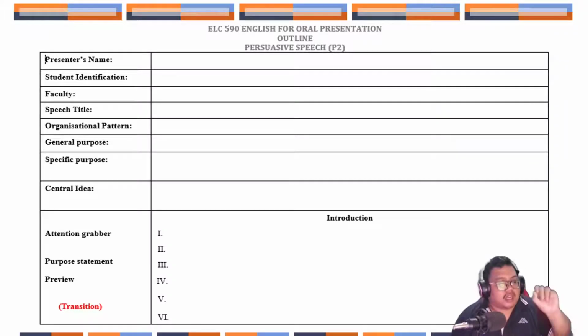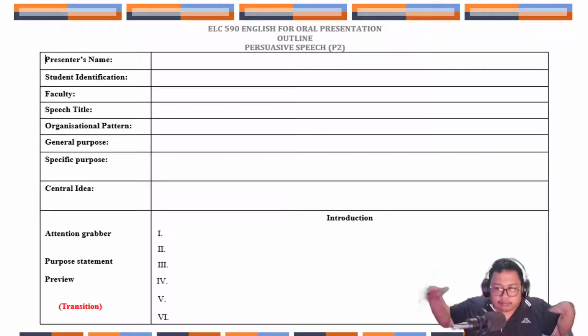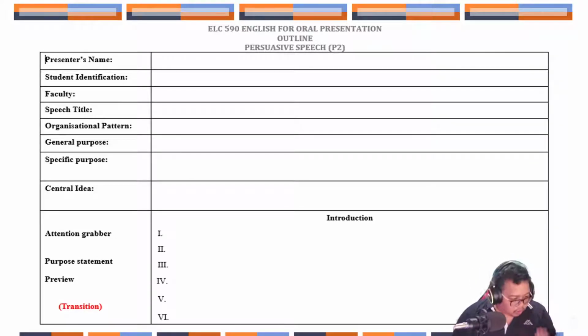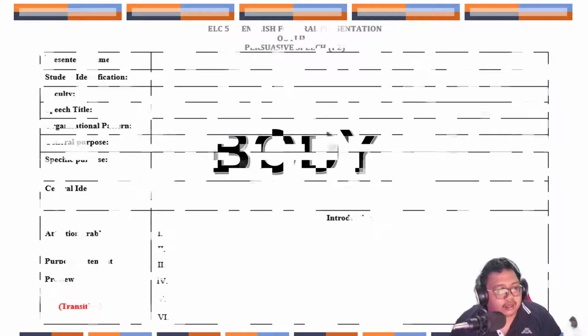Specific purpose, you persuade, you tell them your topic, your deeper topic. Okay, central idea, already explained. I will explain more. So in the introduction, you have the attention grabber, purpose statement, preview. So you'll be going through that in class. I'm just showing you this outline.